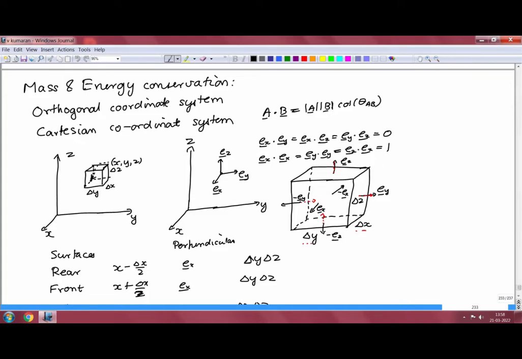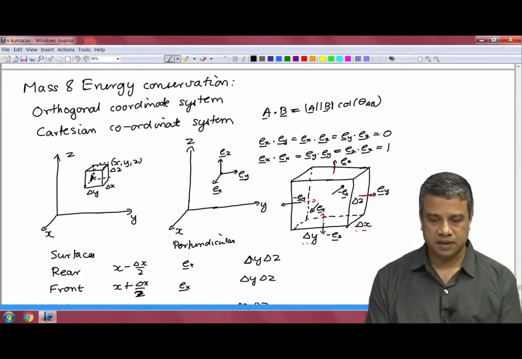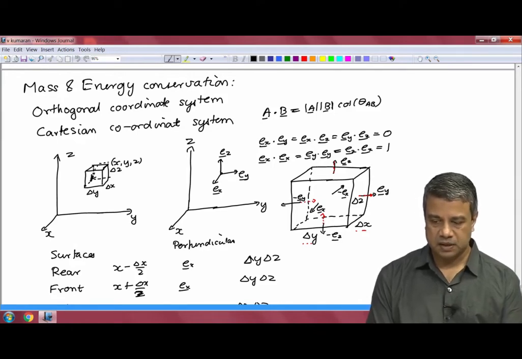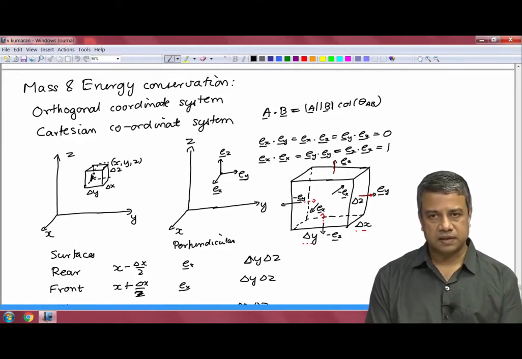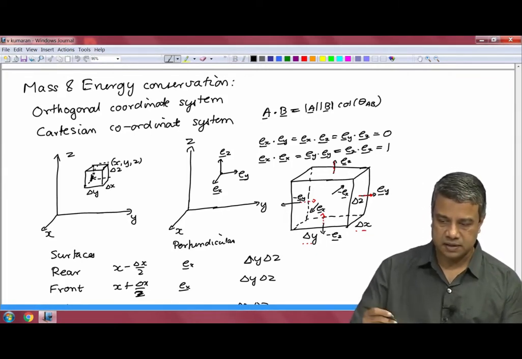The first coordinate system that we had chosen was a Cartesian coordinate system. In this coordinate system, the axes are x, y and z, and the surfaces of constant coordinate are planes perpendicular to the x, y and z axis. There are three unit vectors along the coordinate directions Ex, Ey and Ez.